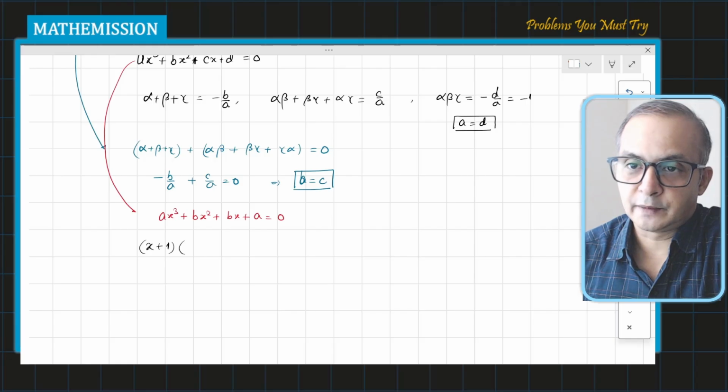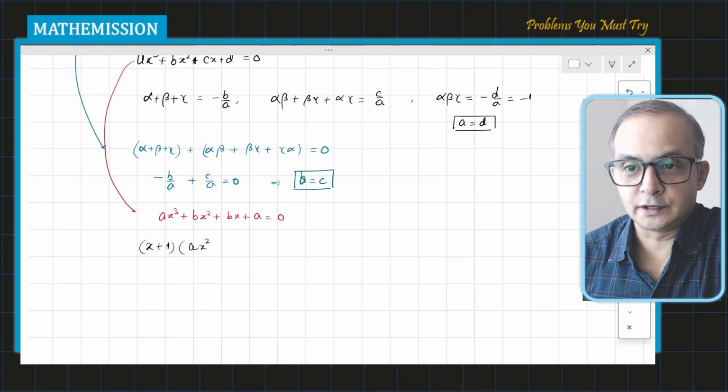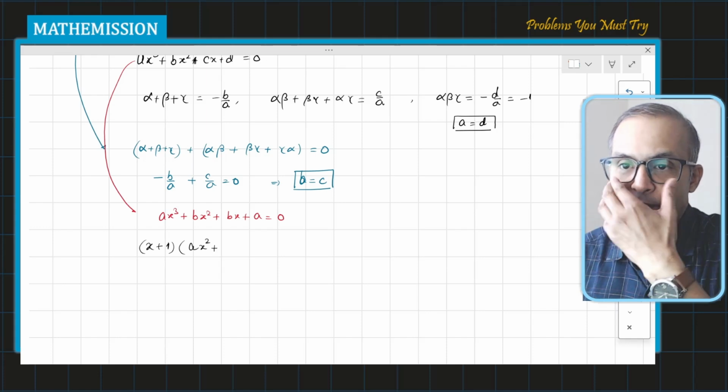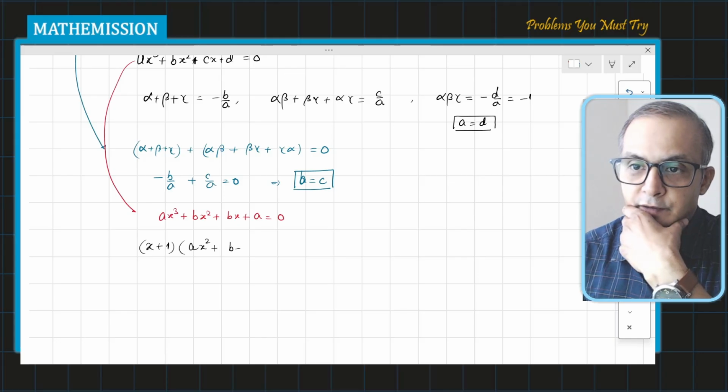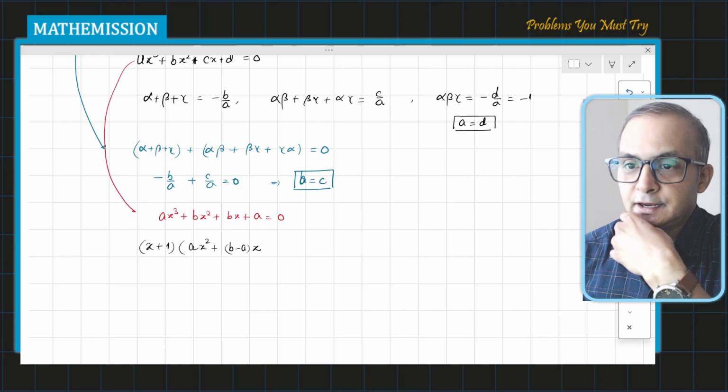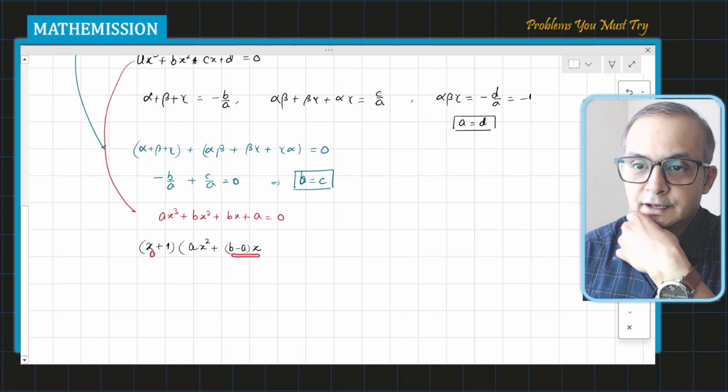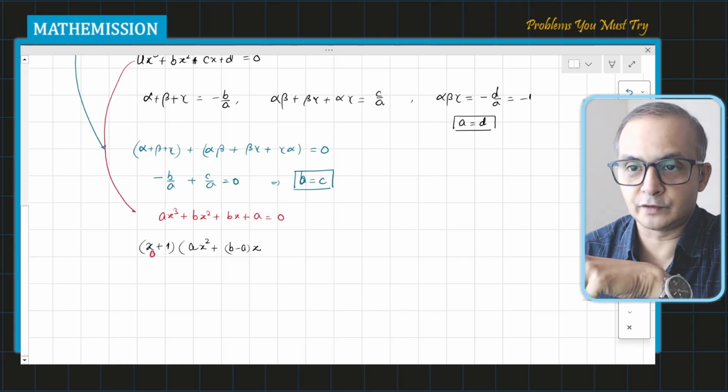So x plus 1 I'm taking as one factor. The other factor will actually be constructed by using this. So ax square I have, I got ax square, but I need bx square. So what I do here, I write b minus a times x. You can see that this b minus a, when multiplied with x, gives bx square, which is needed.